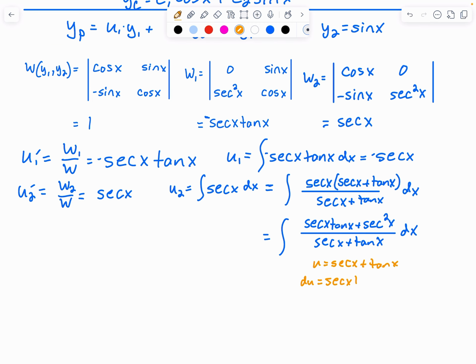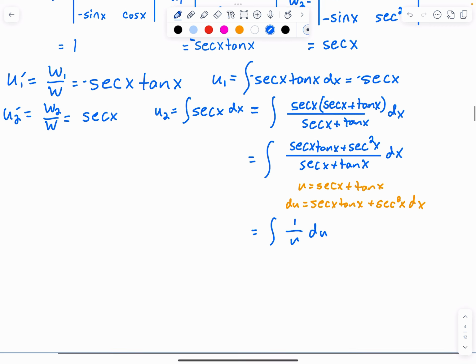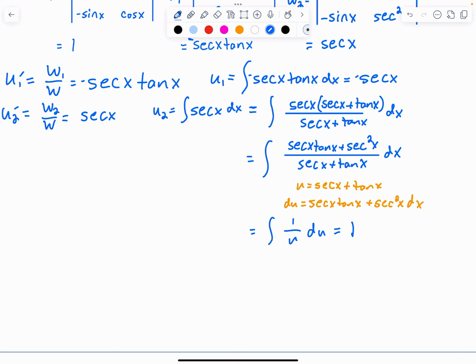Secant x tangent x plus secant squared x dx. So that would be the integral of 1 over u du, which is ln of u, so it's just going to be ln of secant x plus tangent x.